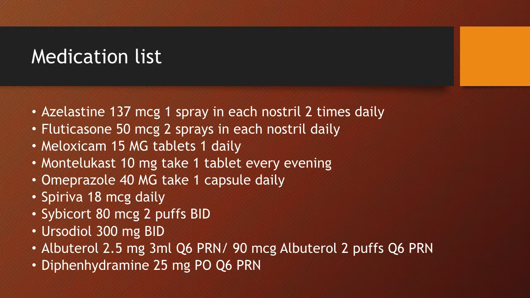Urosodiol, which is 300 mg twice a day. So urosodiol, I believe, is mainly for her GI issue or her bile issue. It's funny because it's a synthetic form of urosodiol, which is the exact same name. It's a bile acid produced by the liver, and is excreted and stored in the gallbladder.